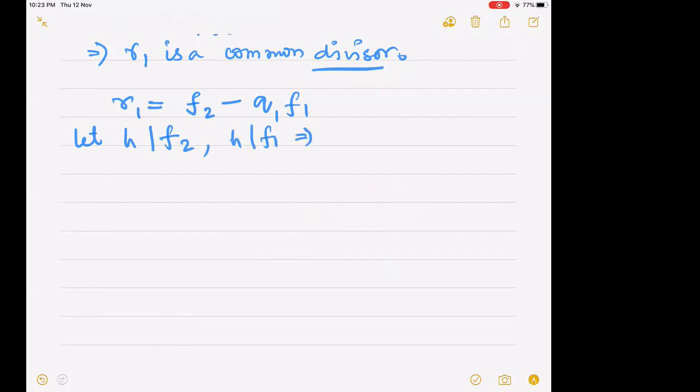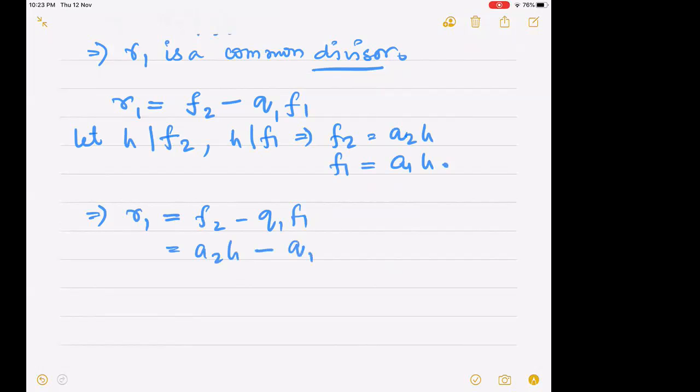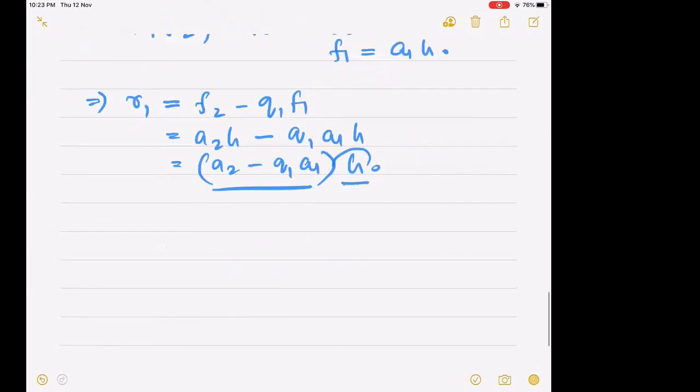So this implies F2 can be written as some A2 times H, and F1 can also be written as some A1 times H, which would then imply R1 must be equal to F2 minus Q1 F1, which I can write as A2H minus Q1 A1 H, which is the same as A2 minus Q1 A1 into H. You see, R1 also is a multiple of H, which then means H divides R1.